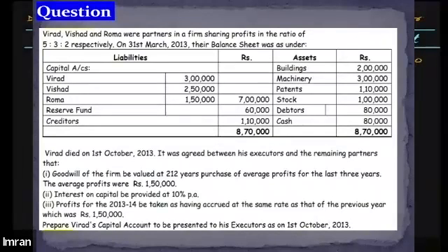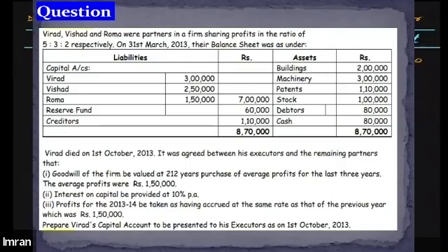Then apart from the opening capital balance, we will try to identify those items which can be directly distributed among the partners, including Virat. Out of those items, on the liability side we have a reserve fund, and there is no adjustment given in the question regarding the reserve fund.